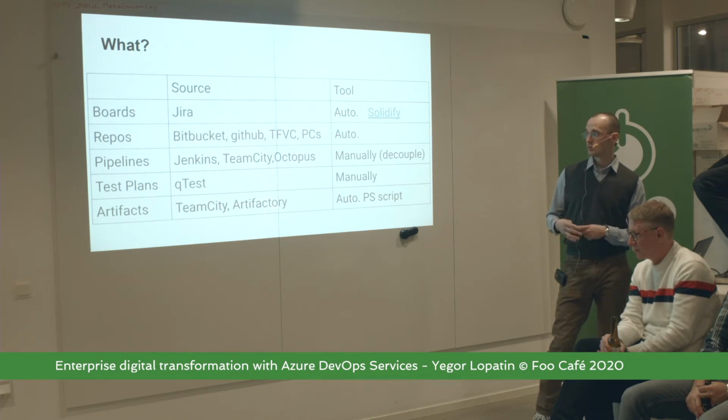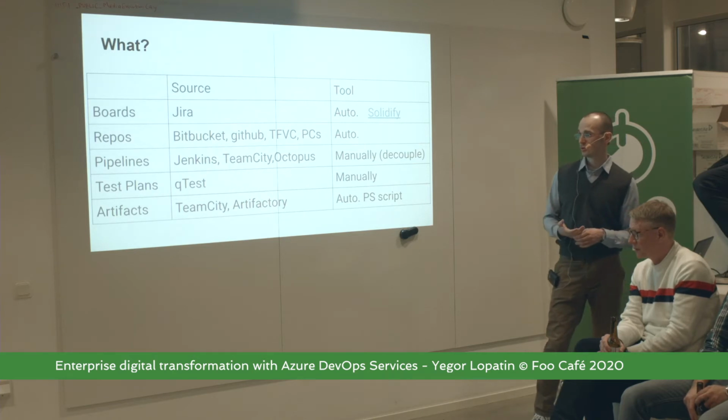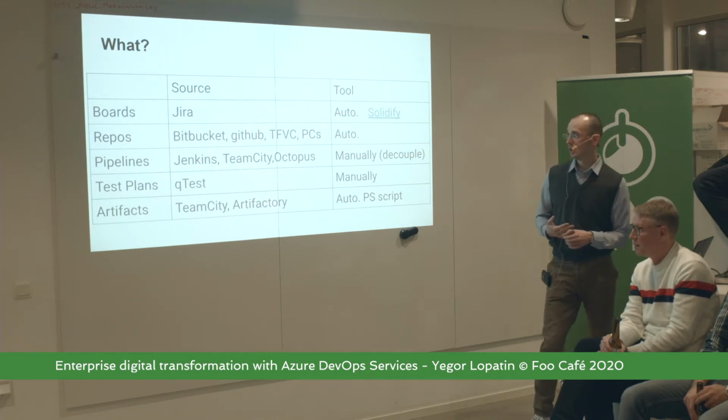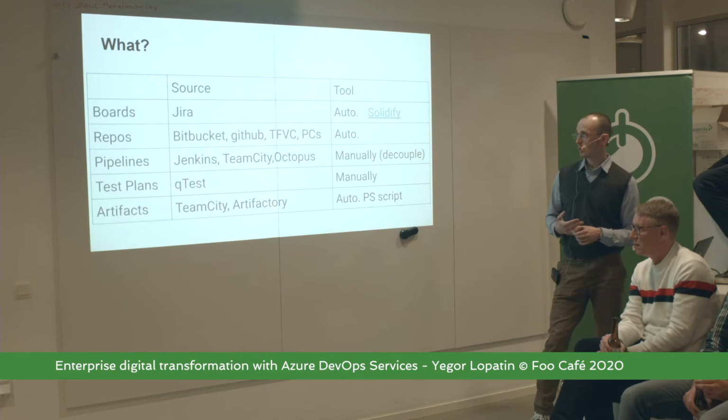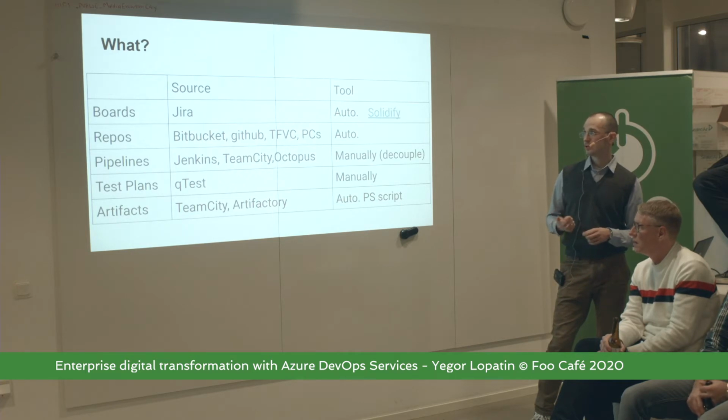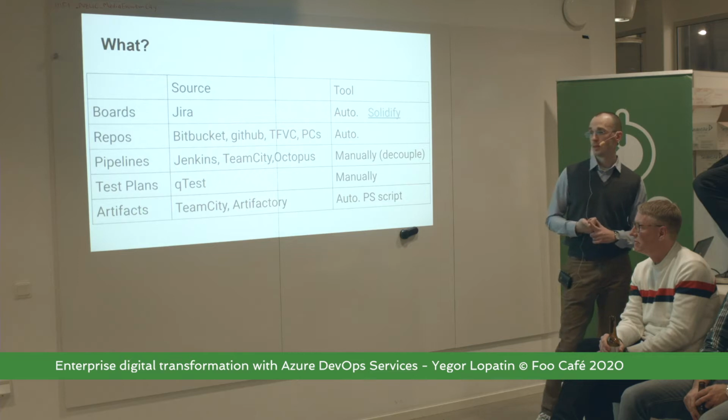We had modern .NET Core applications. So the stack that can be covered with Azure DevOps Services is very wide. And it was pretty easy because the average speed was 1.5 projects per person to migrate.